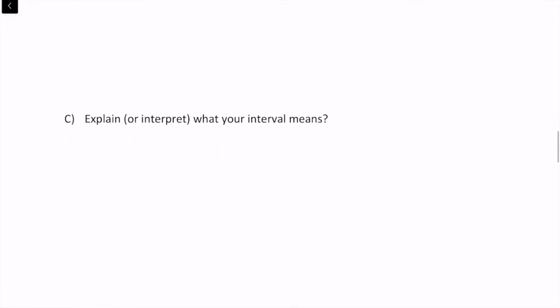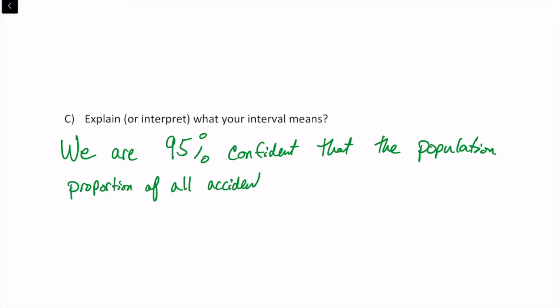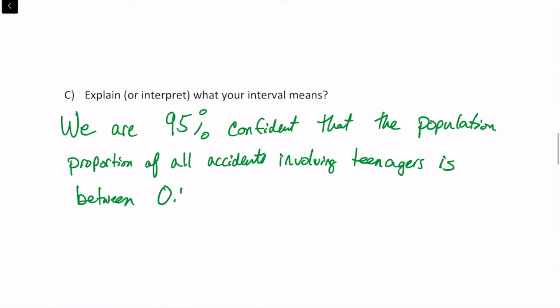We say this: we are 95% confident that the true population proportion of all accidents involving teenagers is between, and you just grab your lower limit and your upper limit, 0.127 and 0.185.